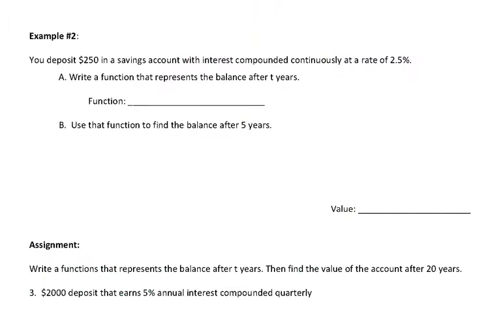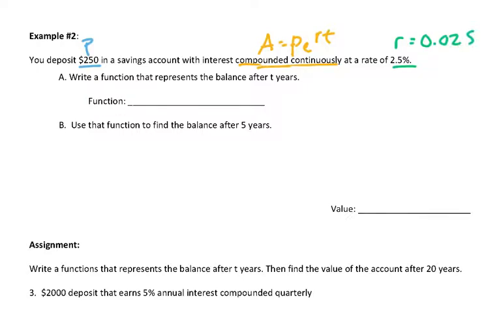And so if we do our example here using that E, we're going to deposit $250. So again, that's our P in a savings account with an interest compounded continuously. So that means we're using A equals Pe to the rt. All right, and then at a rate of 2.5%, so that means it's 0.025.